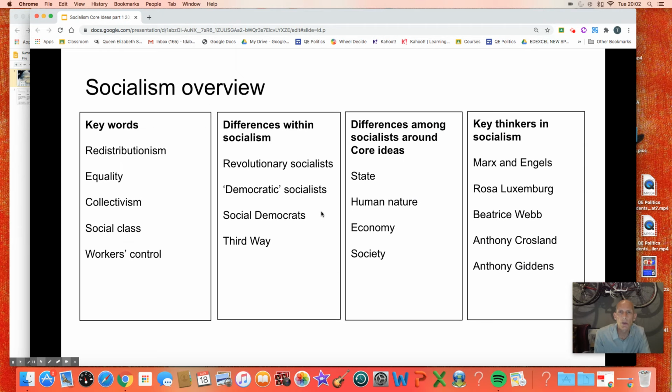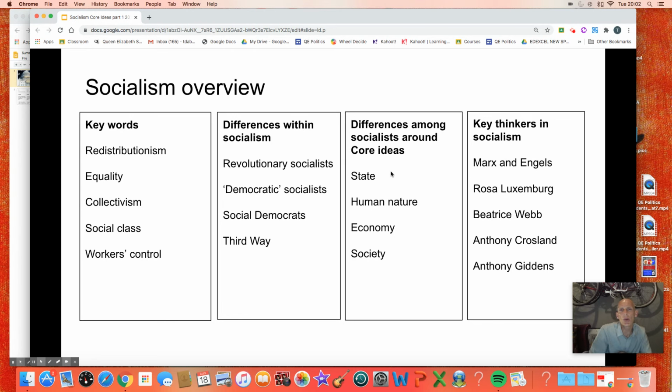Okay, quick little overview of how we're going to treat this topic over the next 12 lessons or so, including this one. We're always going to start with these 4 things in the middle. I put here differences among socialists around core ideas, but actually what I really should have said is things that they agree on.